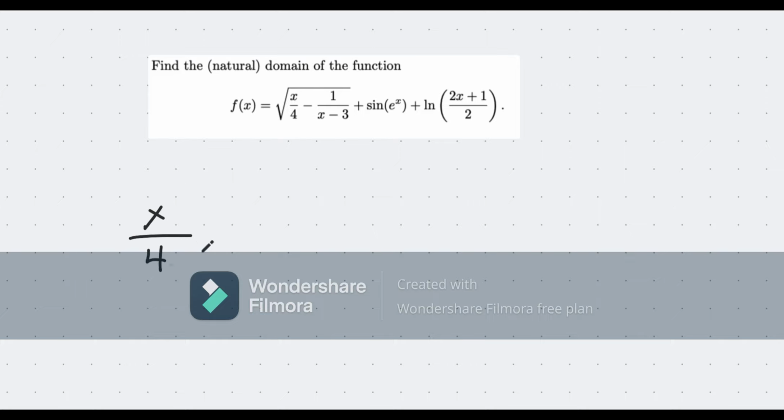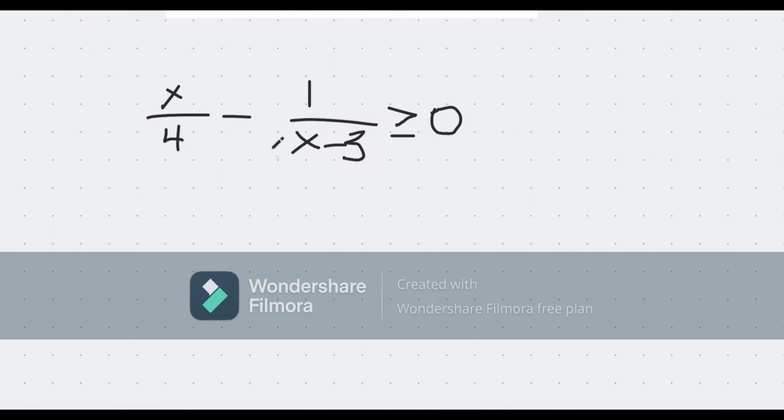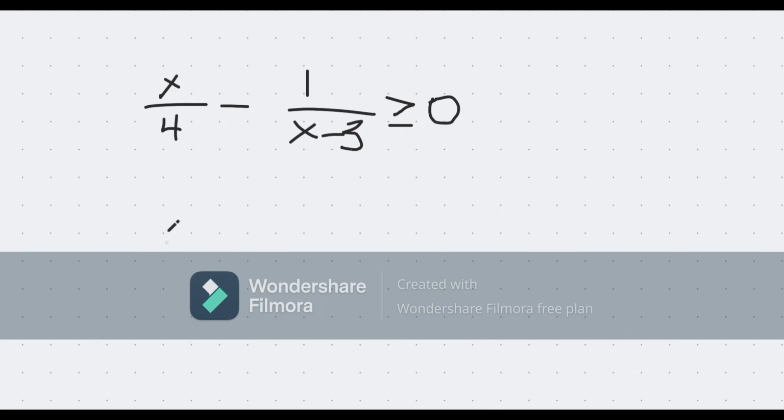So let's do this. x over 4 minus 1 over x minus 3 must be greater than or equal to 0. And then you get a common denominator. You could do this by cross multiplying these.